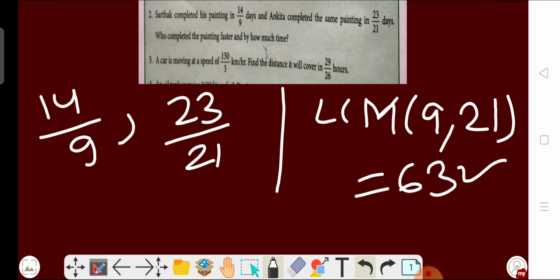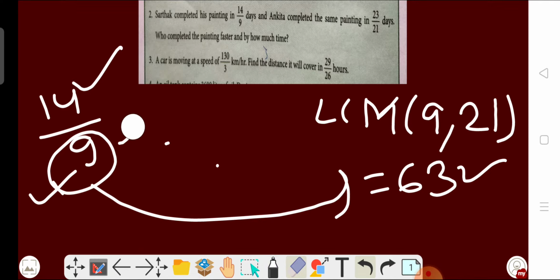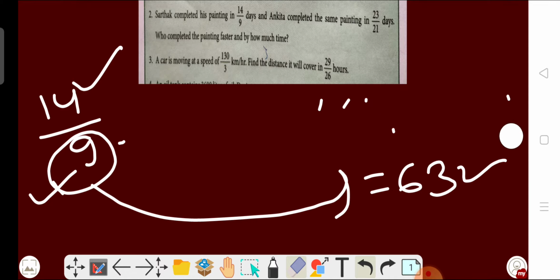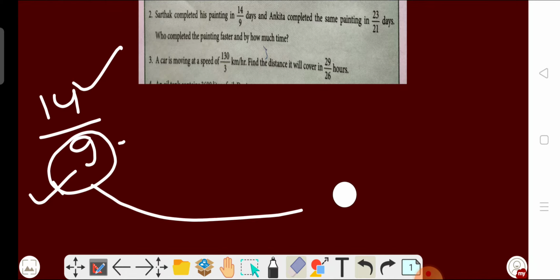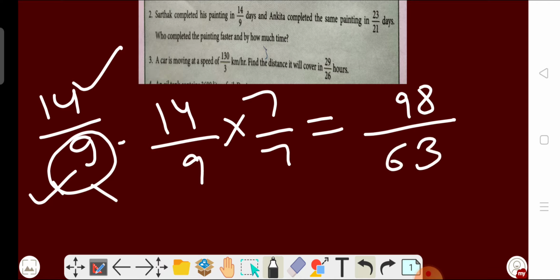Now what do we have to do? Now we have to make their denominators the same by multiplying by a suitable number. If we want to make this 9 into 63, we have to multiply by 7, both the numerator and the denominator. In that case, 14/9 is equal to 14/9 multiplied by 7, which is 98/63.